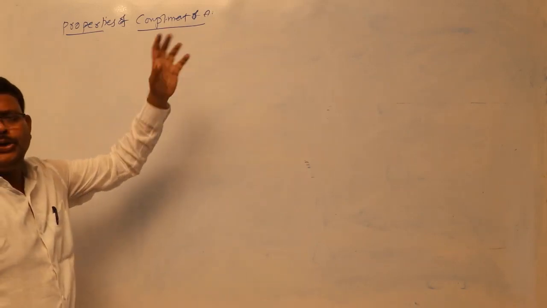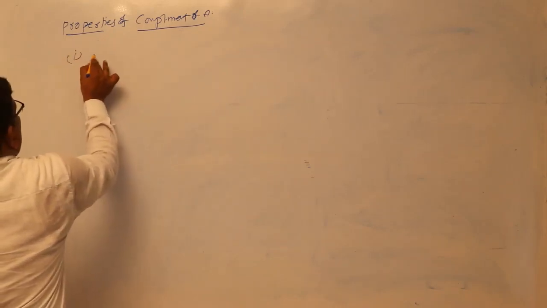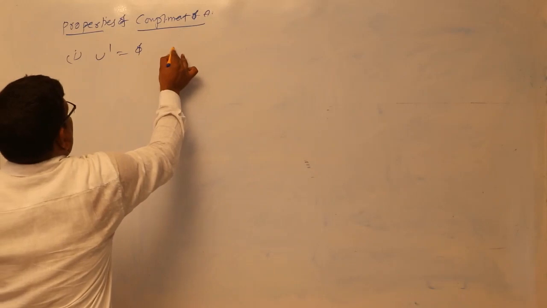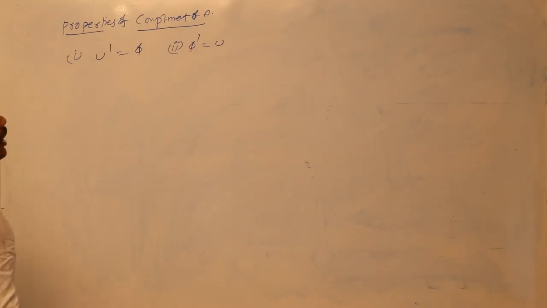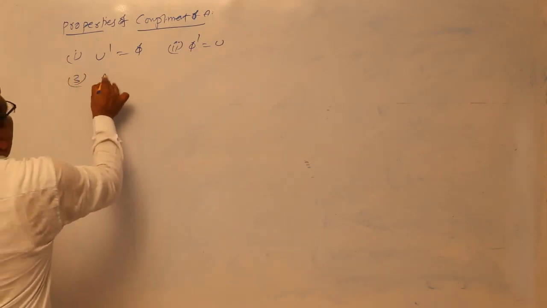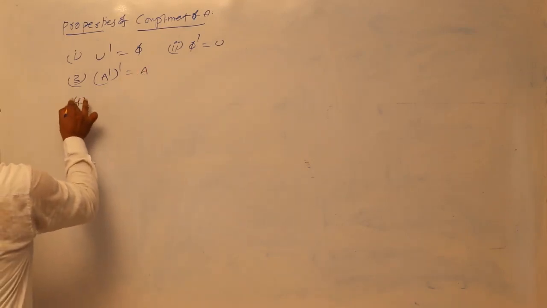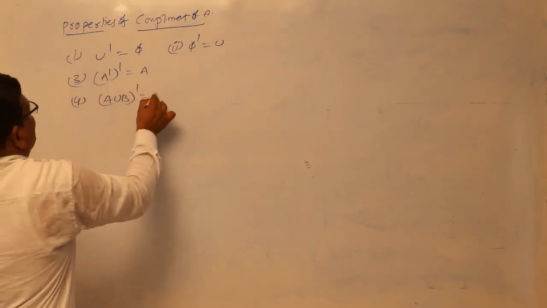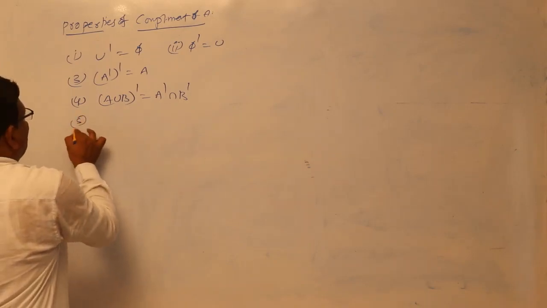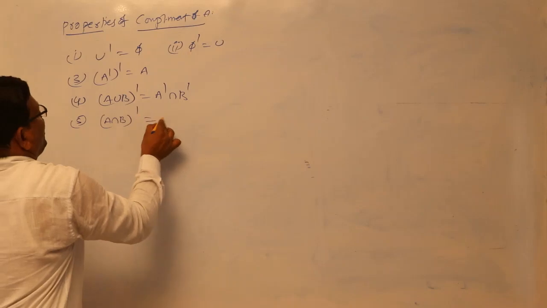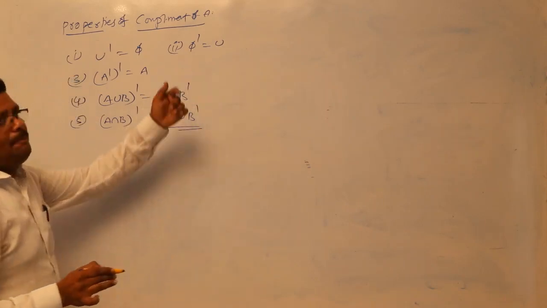If U is a universal set and pi is the empty set, then U dash equals pi, and the second property is pi dash equals U. Also, A dash whole dash equals A, A union B whole dash equals A dash intersection B dash, and A intersection B whole dash equals A dash union B dash.